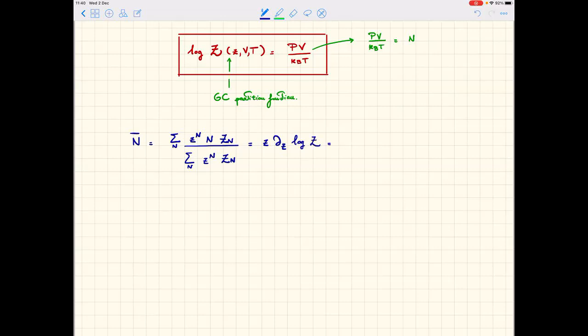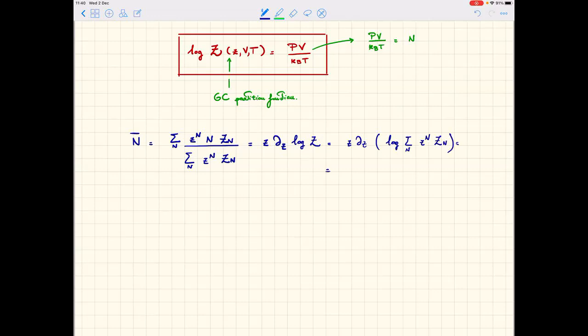So this is z dz of the log of the sum over n of z^n Zn.